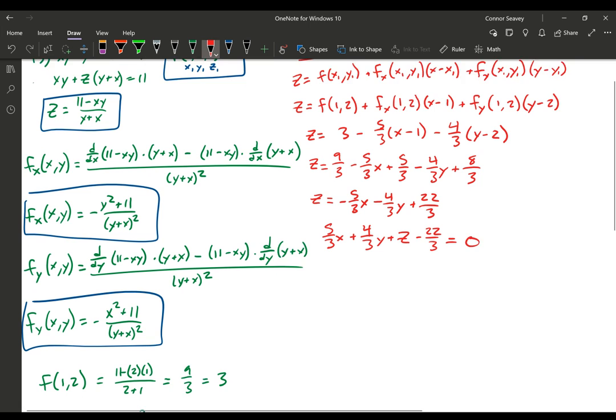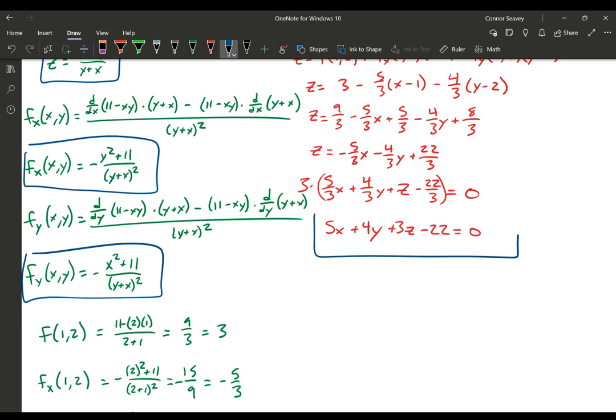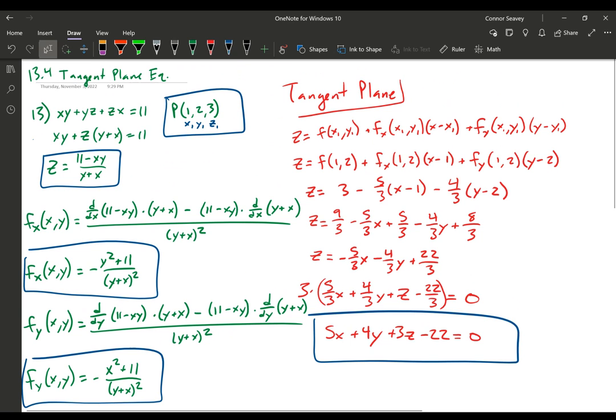But the book is going to simplify it additionally, so it's going to multiply this whole quantity times 3. And that looks like 5x plus 4y plus 3z minus 22 equals 0. And there is our final answer, our tangent plane equation to the given surface at point P (1, 2, 3).